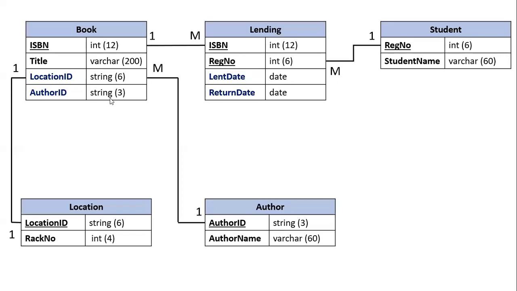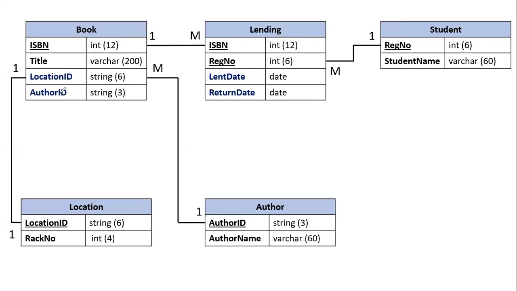Right, children. So now this is the final diagram. This is how we are going to design the logical level of our database. Here you can see the book table: ISBN, INT, that means it's a number which has 12 digits. So we have allocated 12 digits for that. Title, varchar, 200 letters.